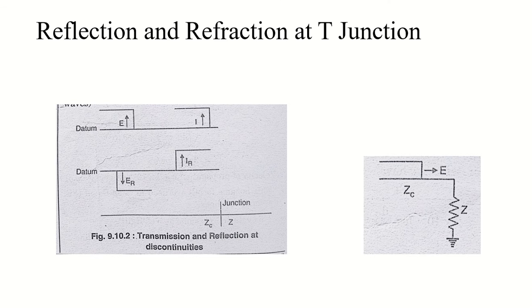And continuing that, today we are going to discuss the reflection and refraction at a T junction. As we were discussing in the previous class, the reflection and refraction of the surges or waves are produced at the junctions at a terminal in your line, and the impedance will suddenly change at the junction points and even at loading points as well.